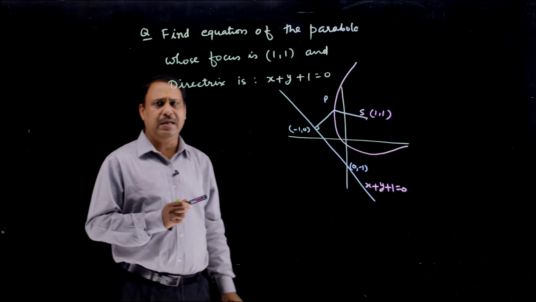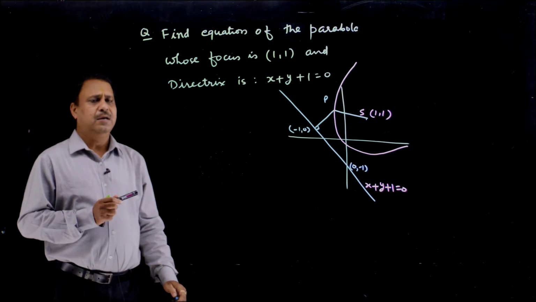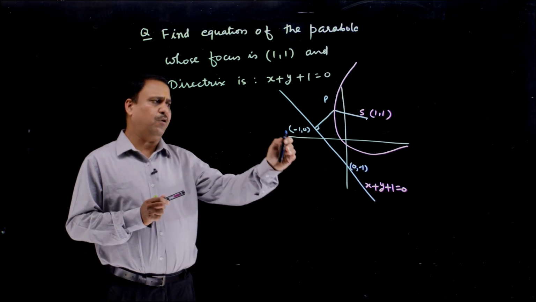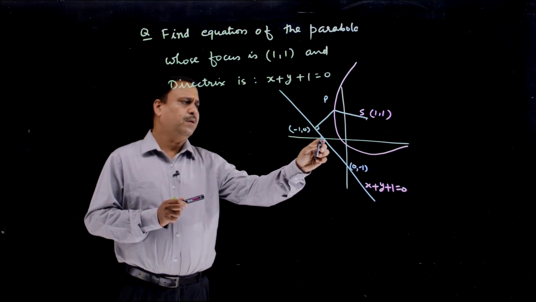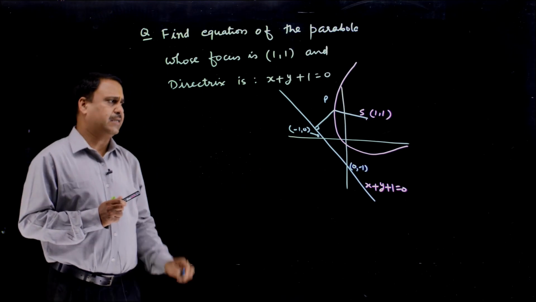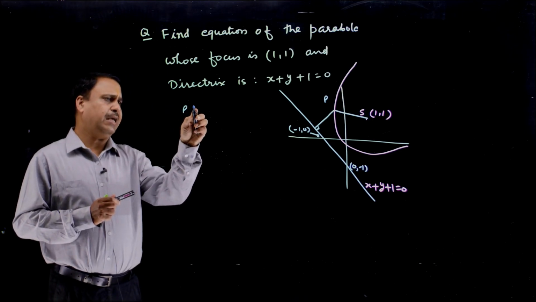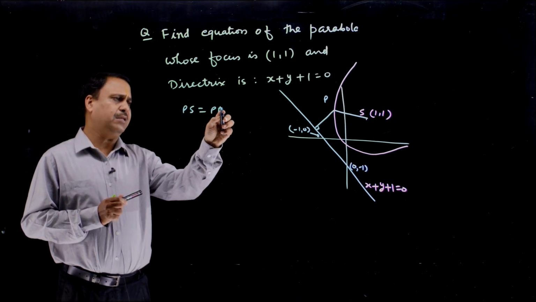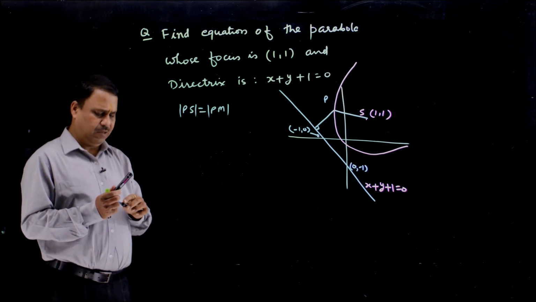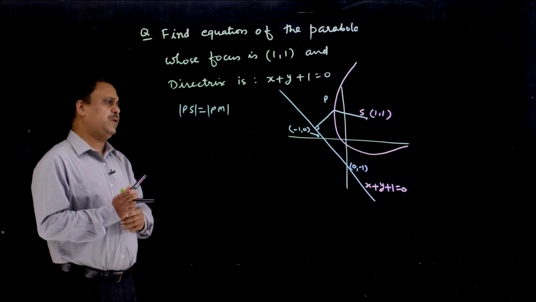The distance of any point on the parabola from the focus must be equal to the distance of that point on the parabola from the directrix. That means PS is equal to PM. I am taking these distances in mod because I know e is equal to 1 for a parabola.